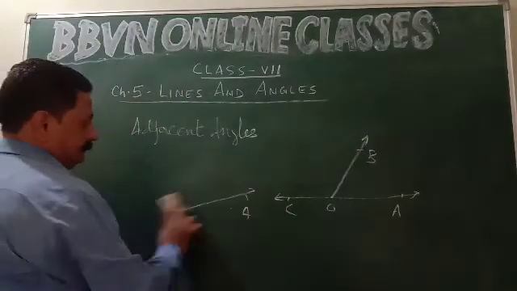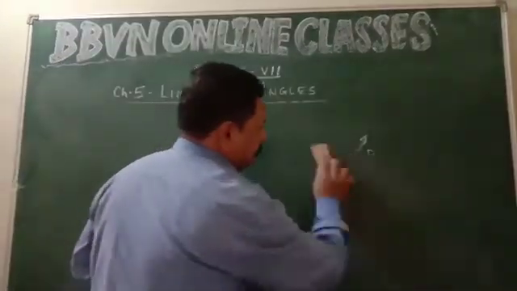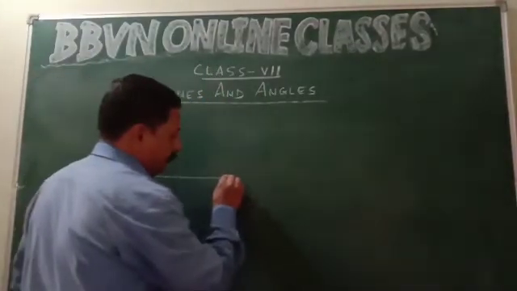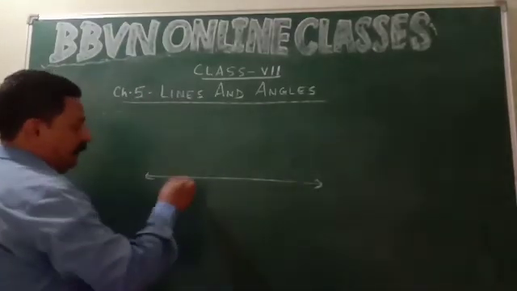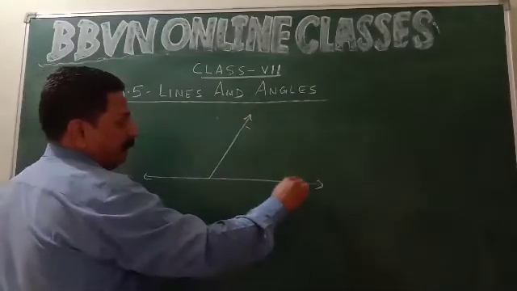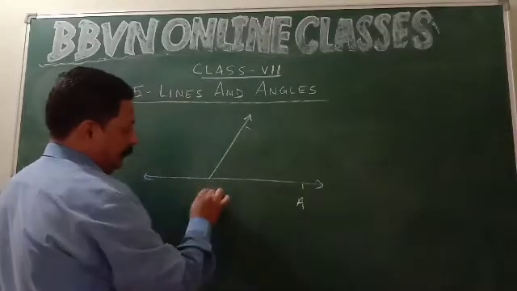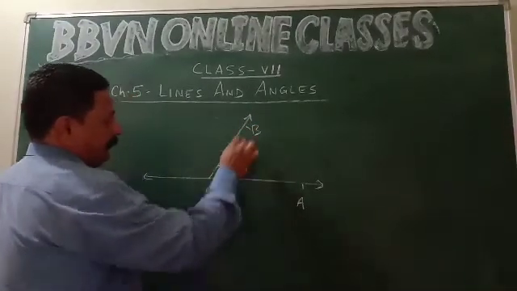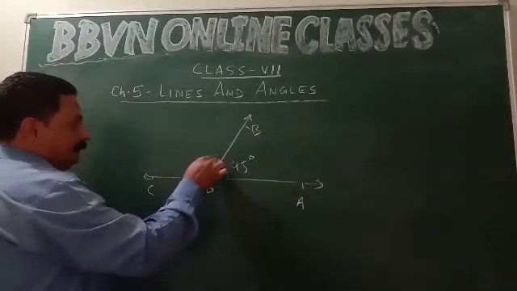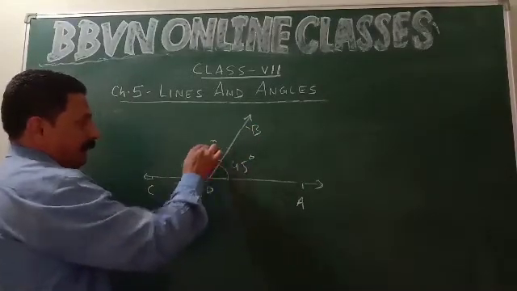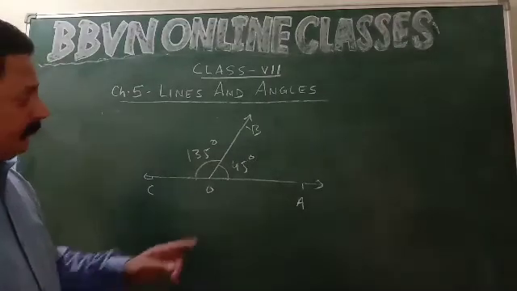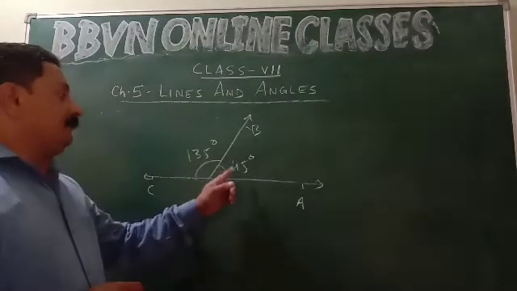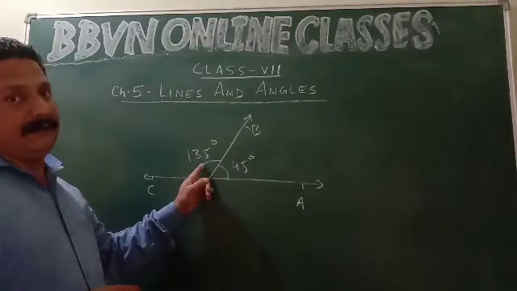For instance, if I have any two adjacent angles such that sum of their measure becomes 180 degrees, like angle AOB, suppose this angle is 45 degrees, angle BOC, suppose this angle is 135 degrees. They are adjacent angles, they have one common arm OB, they have the common vertex O, and sum of their measures is 180 degrees.